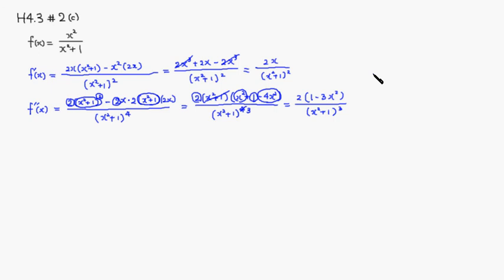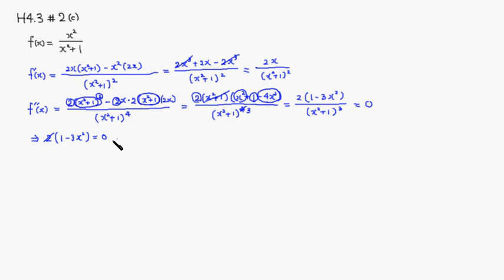Now let's set that equal to 0 to find the x coordinates of the possible inflection points. We can just set the top equal to 0, so 2 times 1 minus 3x squared equals 0. Divide through by 2, and 0 divided by 2 is still 0.